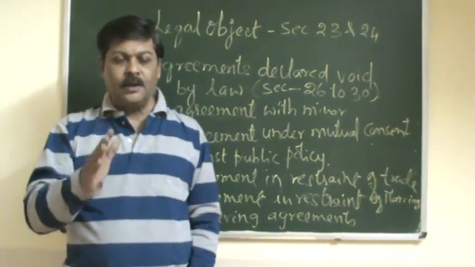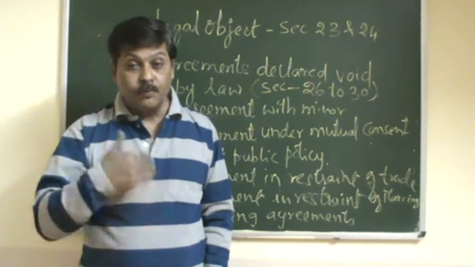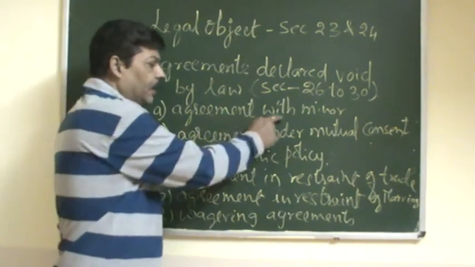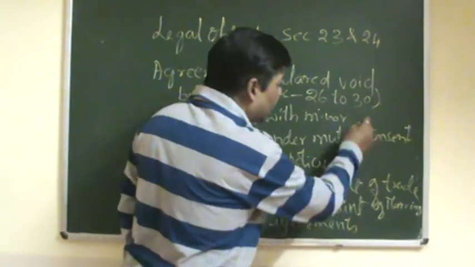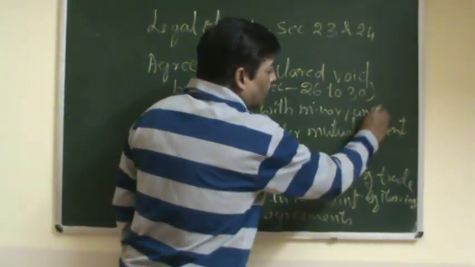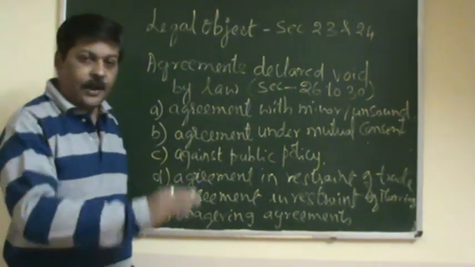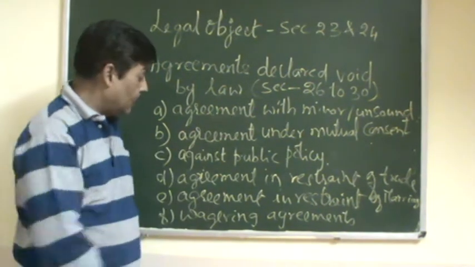The law is there to regulate the behavior of the persons in the society, and if you break the law, it is punishable. So an agreement made with a minor or an unsound person is expressly declared void by the law. That is the first one.